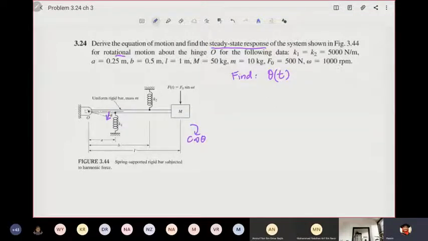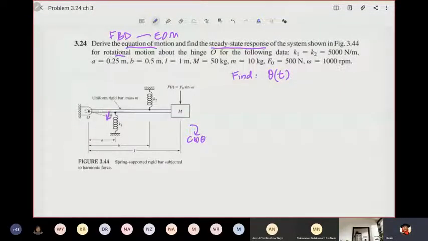So how do you draw the free body diagram?